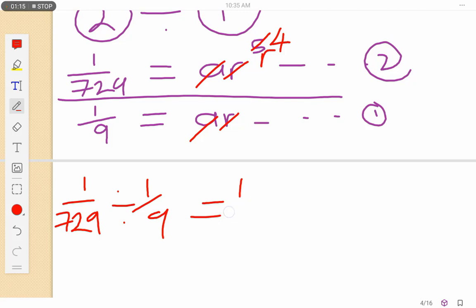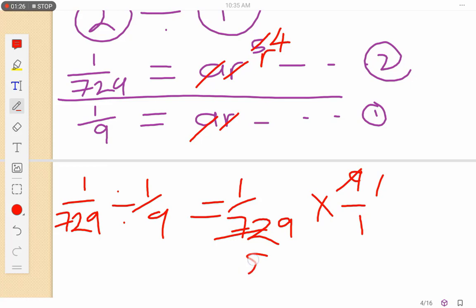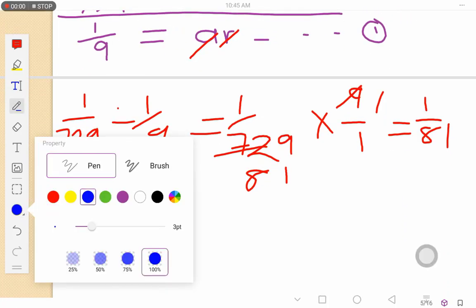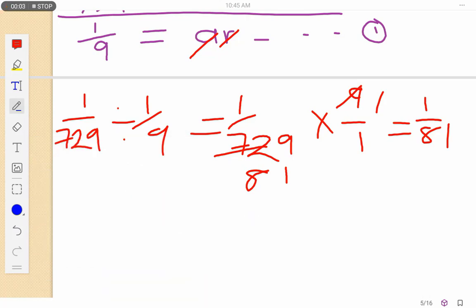This is the same as 1 over 729 times 9 over 1, such that 9 can go into 72 8 times and into 9 1 time. So at the end of the day, our answer becomes 1 over 81. Dividing equation number 2 by equation number 1, we get r to the power of 4 is equal to 1 over 81.